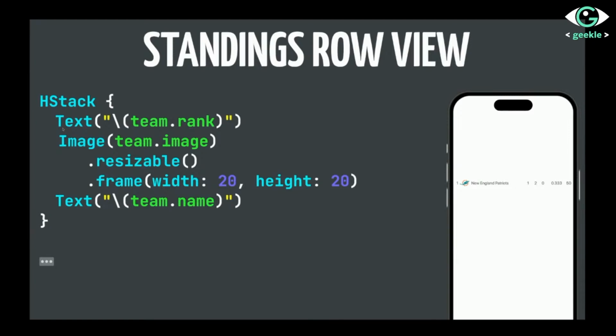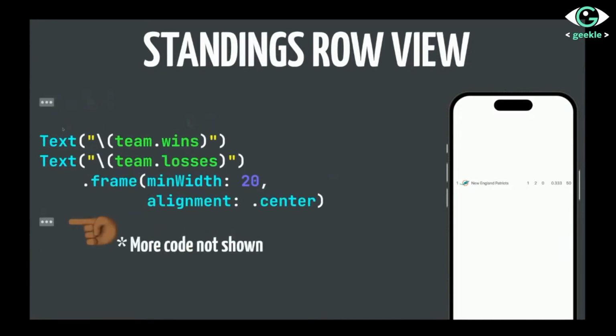So how do you make it work? Again, I had to wrap it in an HStack, and that gave me the ability to make it work. As I said, I'm not showing all of the code right now, but you can see here where I have wins, losses, and again, I'm adding the min width of 20 and the alignment of center. That's the first design. Let's look at the next one.